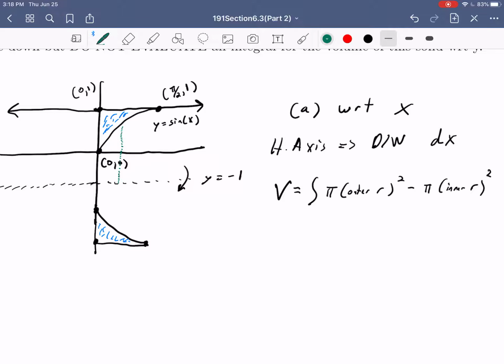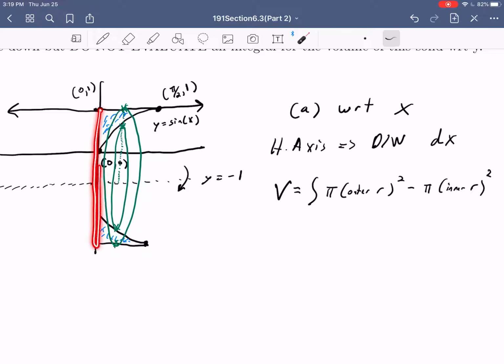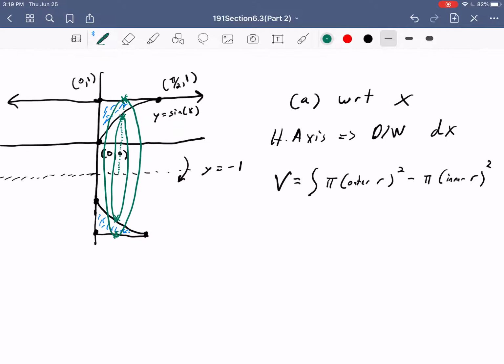We run into our axis there, and once we revolve that, that's going to give us our inner radius, and then we draw a little further out to there. That's going to give us our outer radius. And if we did that over here, we'd have the same thing. That's going to be what happens on the entirety of the interval.